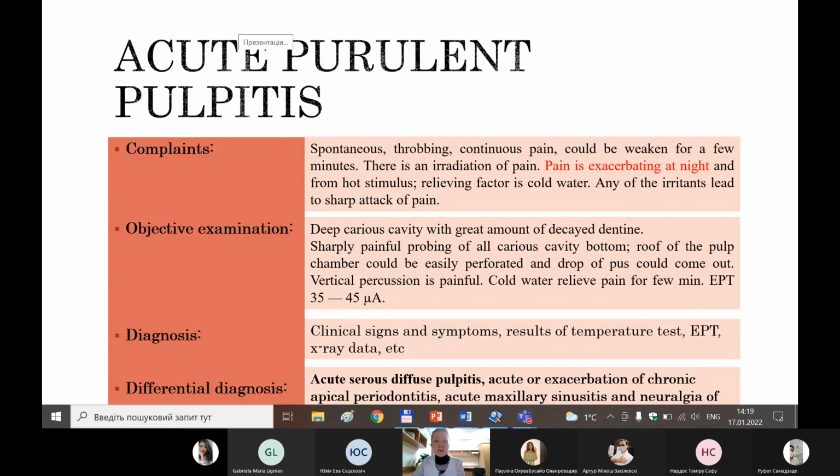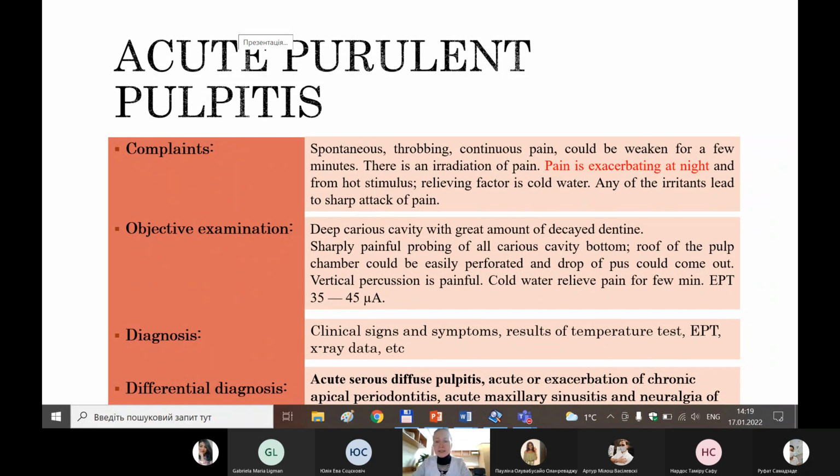So we have successfully moved to acute purulent pulpitis, suppurative inflammation. In the case of this disease, a patient presents with complaints of spontaneous, throbbing, continuous pain that could be weakened for a few minutes, not stopped, but weakened only by taking cold water.